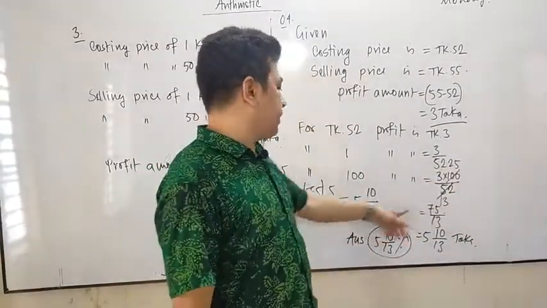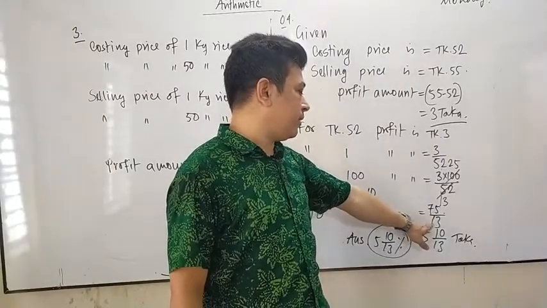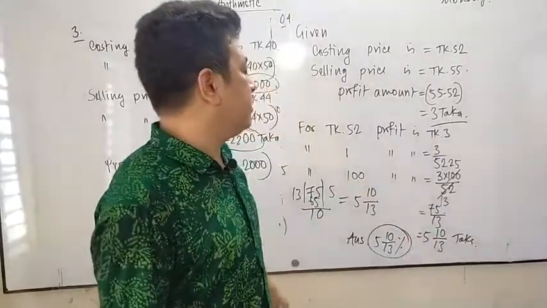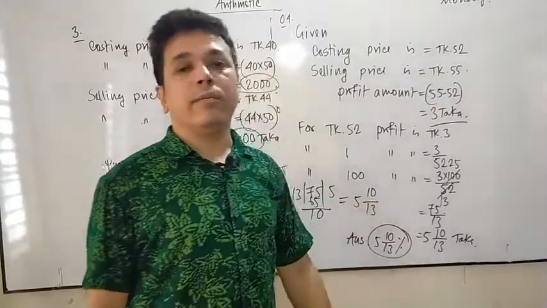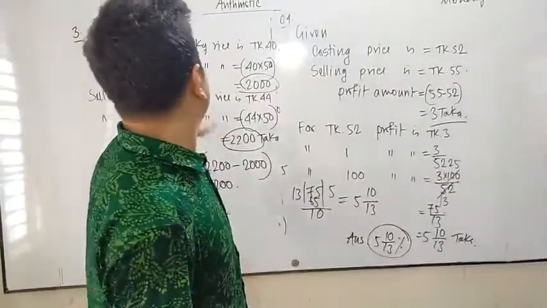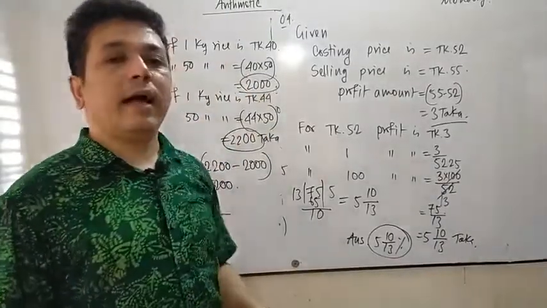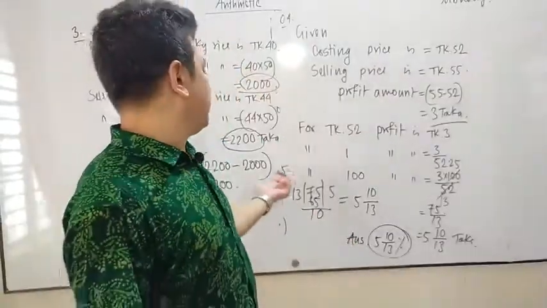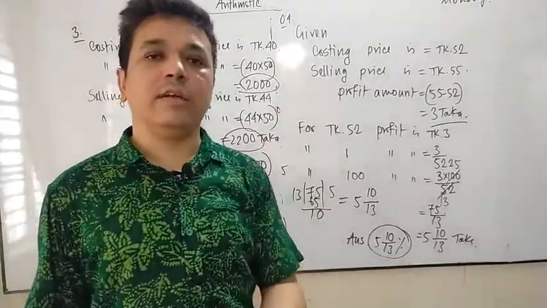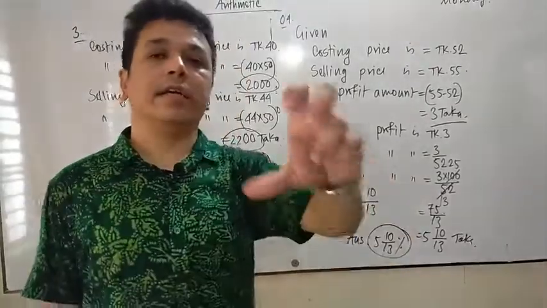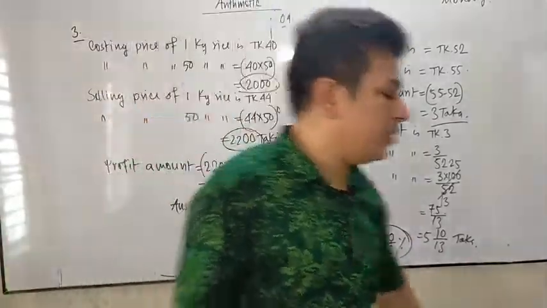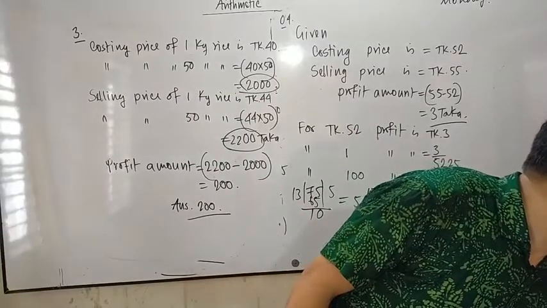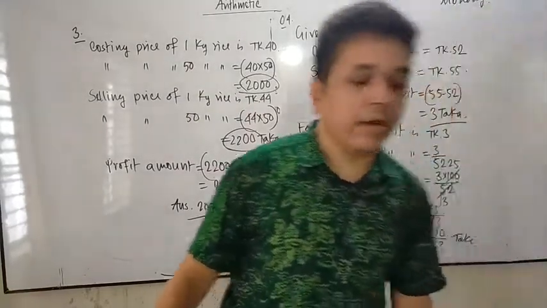The percentage is 75 by 13, an improper fraction, and we convert it to a mixed fraction. Those were the first 2 problems which I already did in the boys section yesterday, which is why I say only girls students can make a copy or take a screenshot, and after that we are going to the next problem.